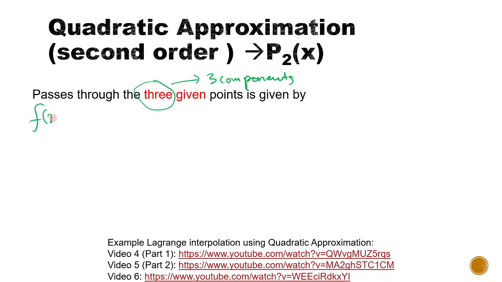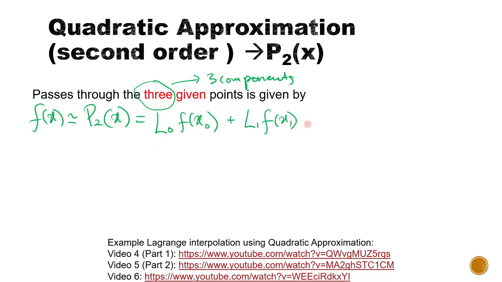For example, f(x) is equivalent to a second order polynomial: f(x) equals L0 times f(x0), plus L1 multiplied with f(x1), plus L2 multiplied with f(x2).